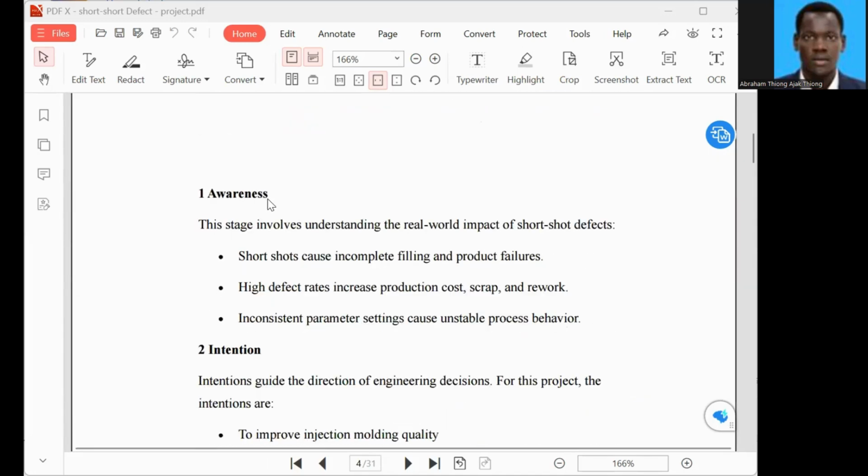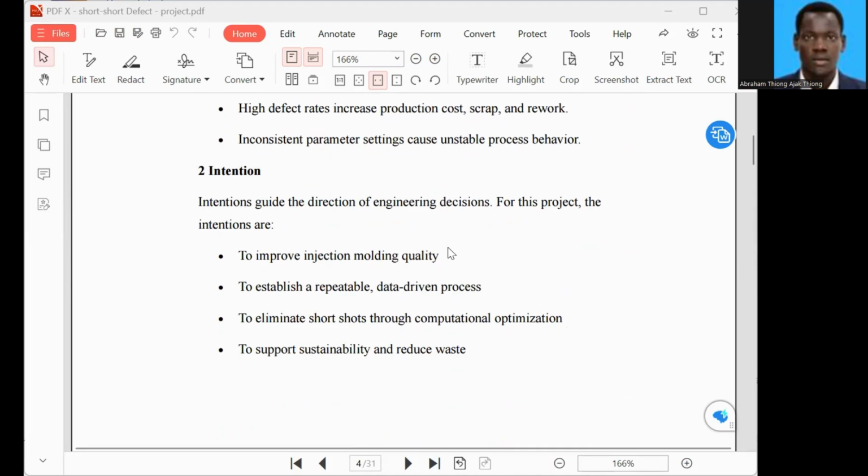So our awareness in this problem is finding what caused the short shot, because we all know that short shot is caused by incomplete filling and product failure. The high defect rates increase production costs and rework.